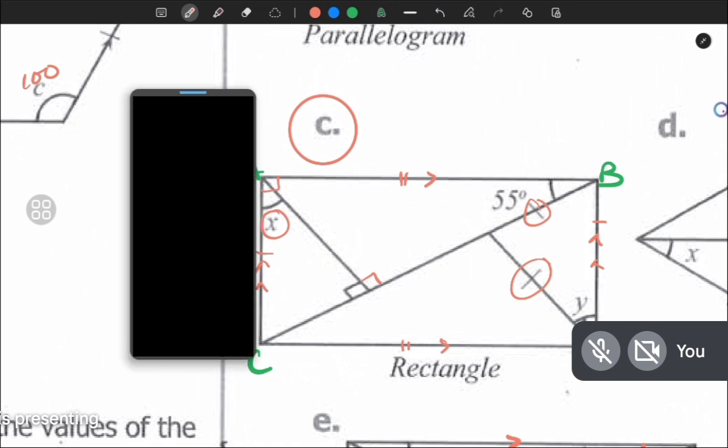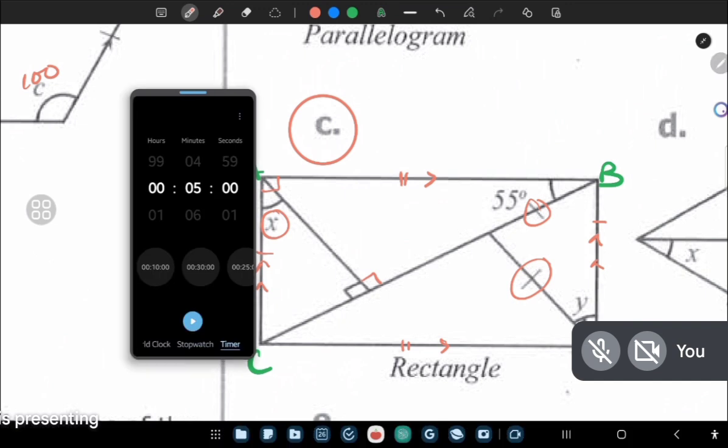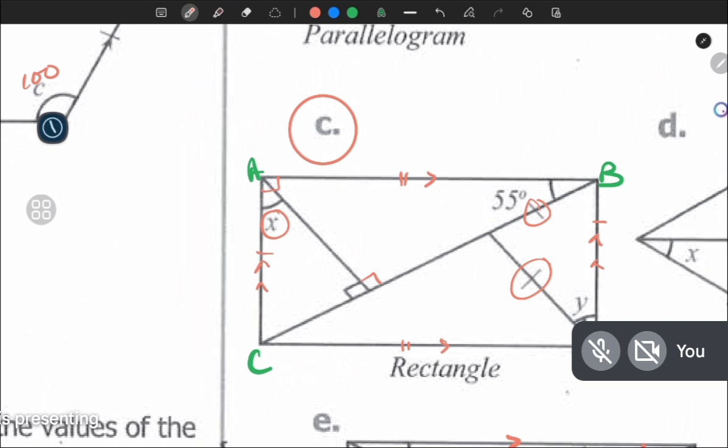Is x 40? How did you get 40? I just did 90 plus 55, and the answer subtracted from 180, which gives you this angle, right? Which is how much? So it'll be 35.